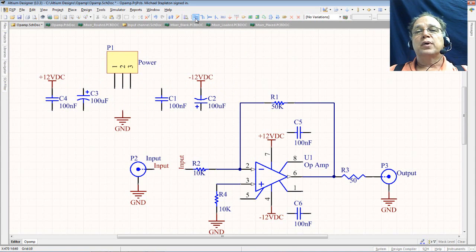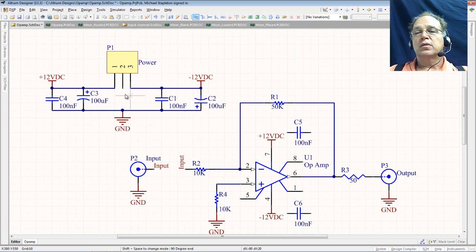Come up here to my toolbar and get my place wire. Click to here, click to here. I'll click all the way across here, and from here to here. Alright, I'm going to right click to stop wiring, lift up my net.